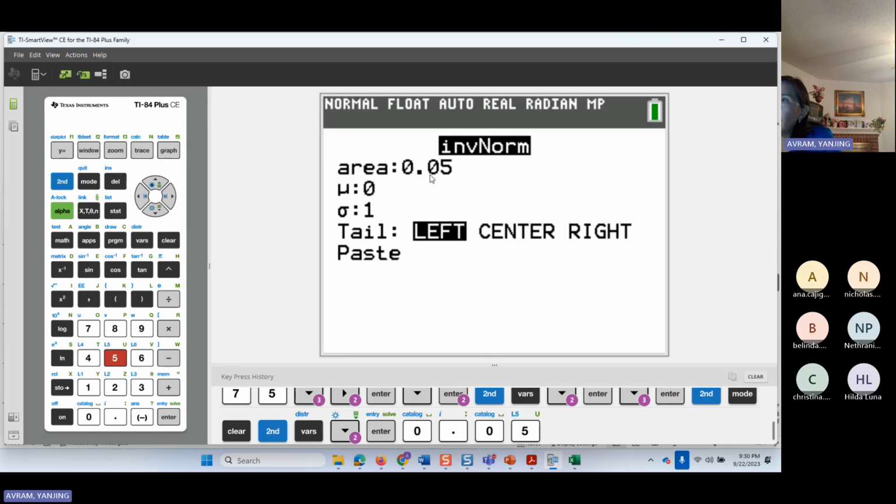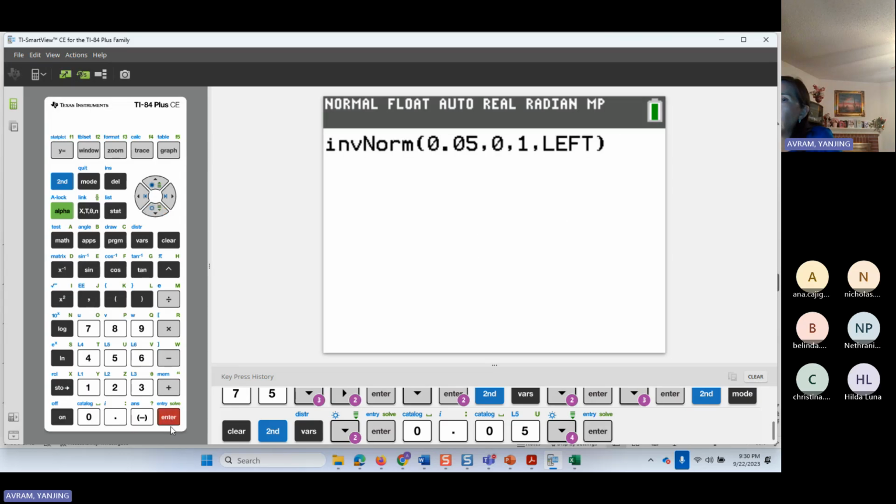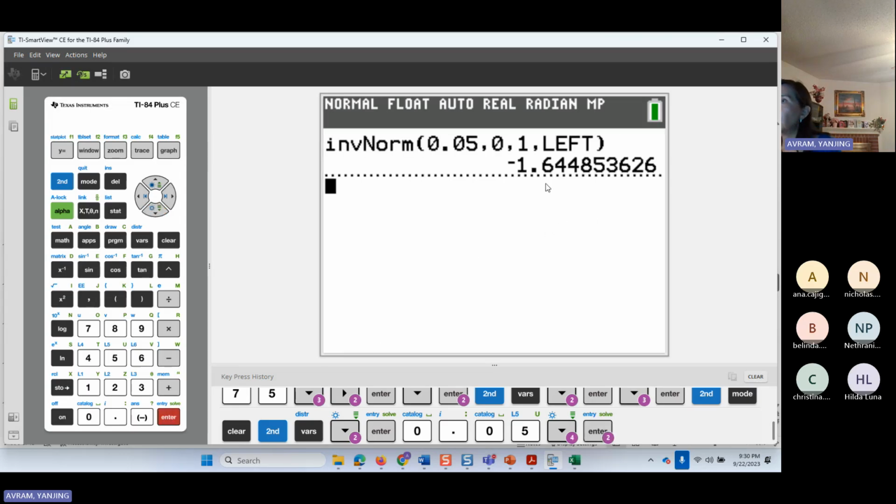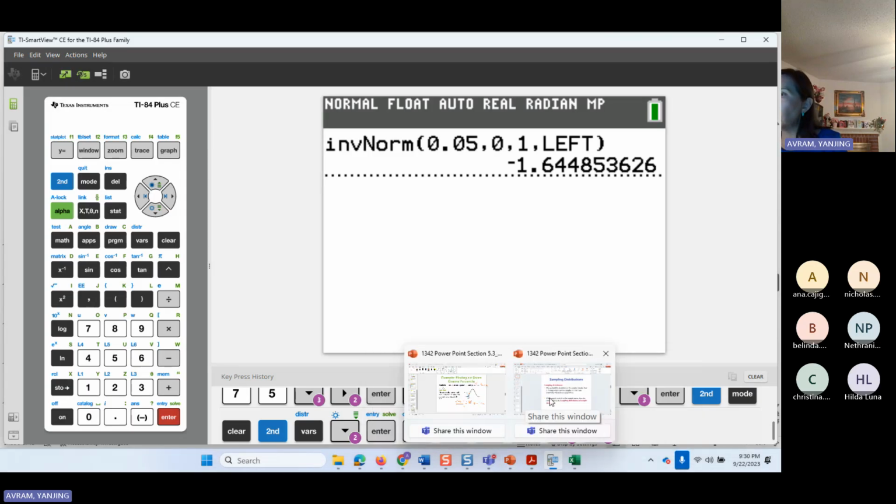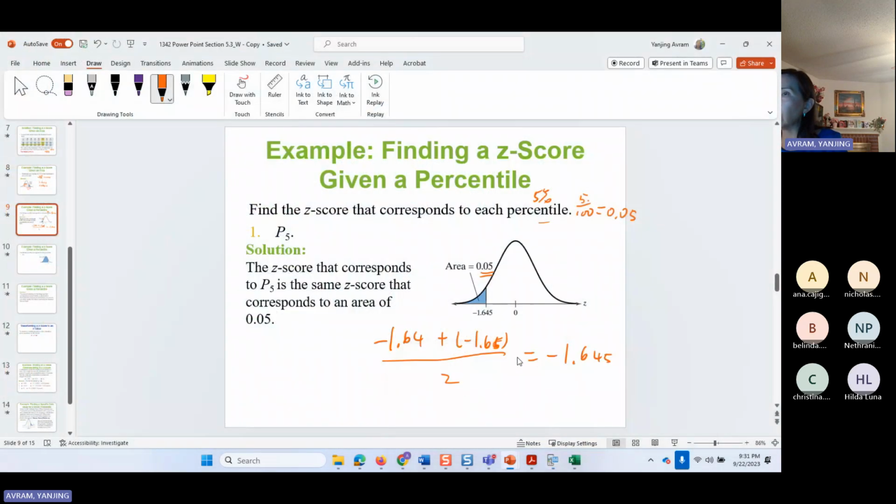Then I enter the area 0.05, which is the area to the left, and hit enter. If I round to 3 decimal points, it's negative 1.645, exactly the same. So it's much easier to find a Z-score by using the calculator.